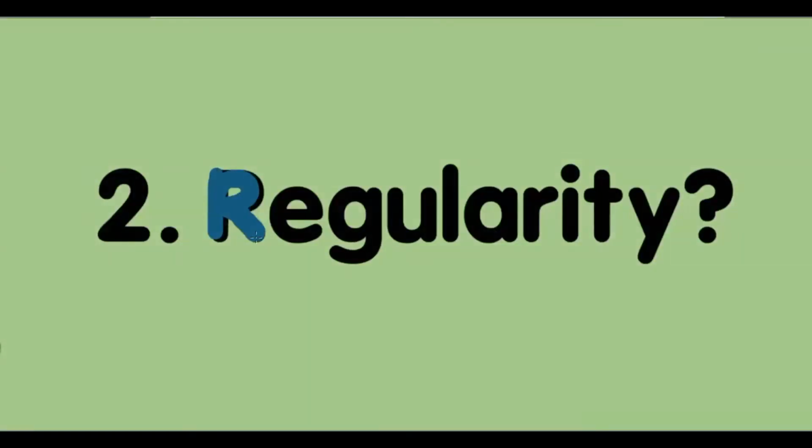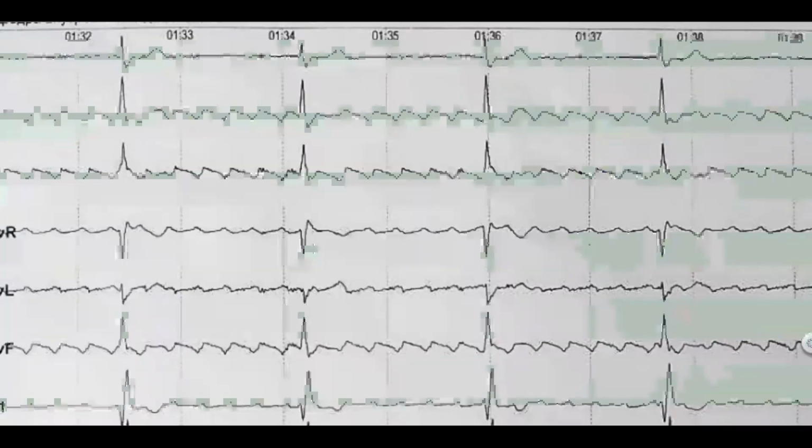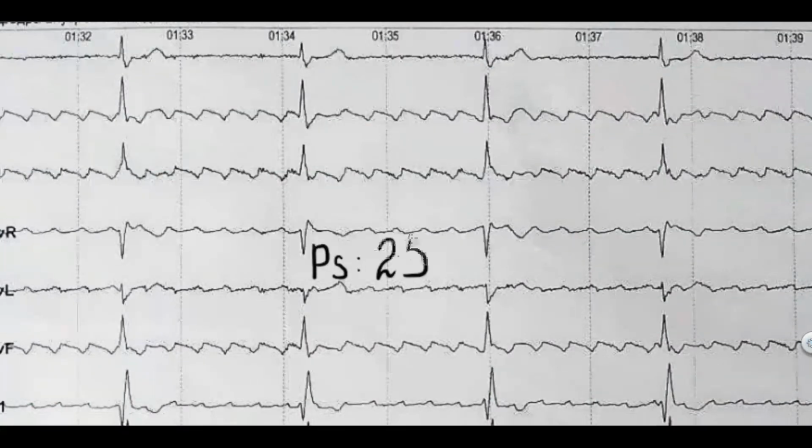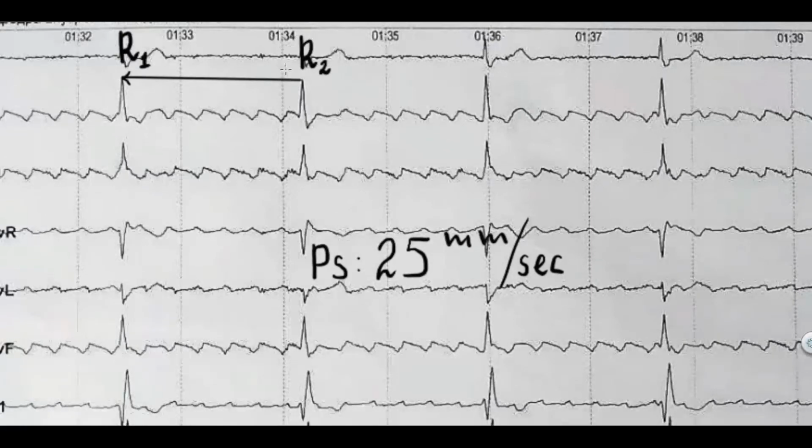The next question is, is this rhythm regular or not? For this step we need to check the values of RR intervals and compare them to each other. Look, paper speed is 25 mm per second. The first RR interval is equal to 1.76 seconds.